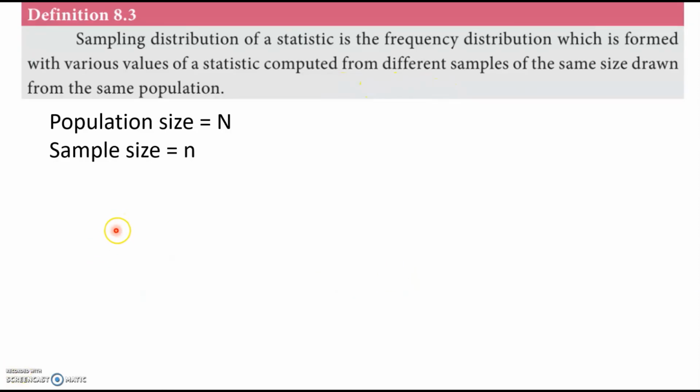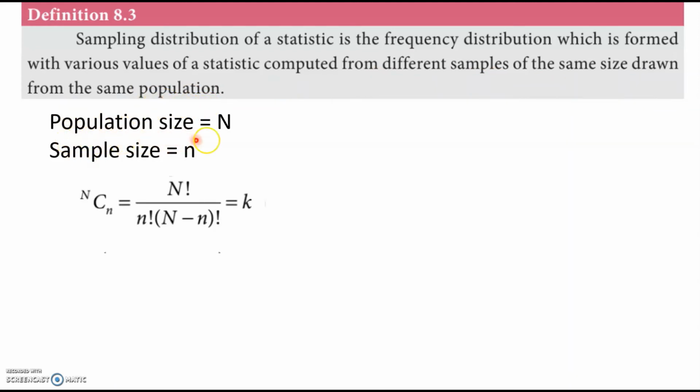So to conclude, the sampling distribution of a statistic is the frequency distribution which is formed with various values of a statistic computed from different samples of the same size drawn from the same population.